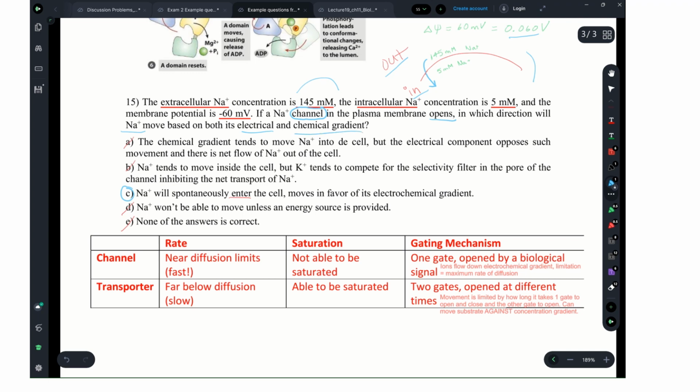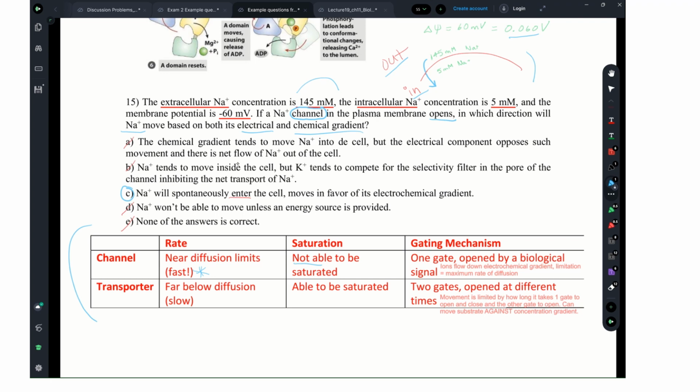Here I went ahead and copied from the notes what a channel and what a transporter are. For the channel, the rate is near diffusion limits. It is super fast for a channel. The saturation for a channel, it does not saturate. And the gating mechanism for a channel is that one gate is opened by a biological signal.